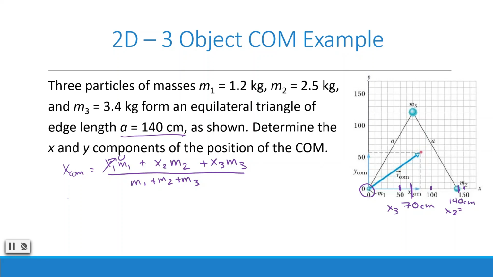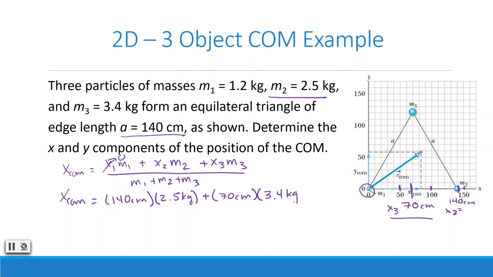So we can plug in. XCOM is going to be x2, which is 140 centimeters, times m2, which is 2.5 kilograms, plus x3, the 70 centimeters, times m3, which is 3.4 kilograms. And then you divide that by all 3 masses.